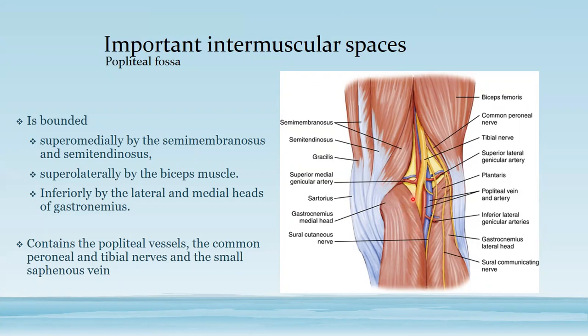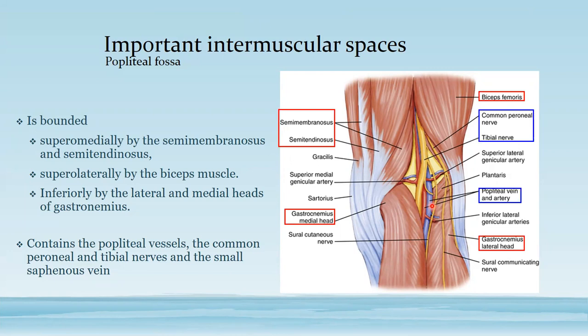It contains the popliteal vessels, including the superior medial genicular artery, popliteal vein and artery, the tibial nerve and its branches, and the small saphenous vein.